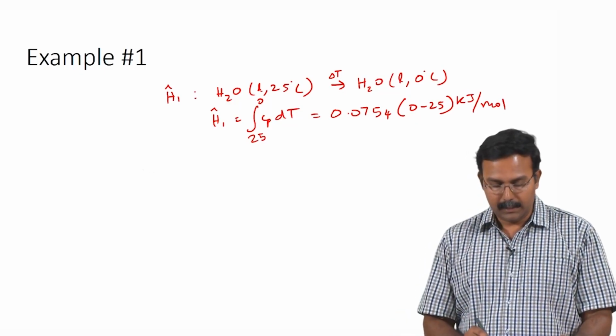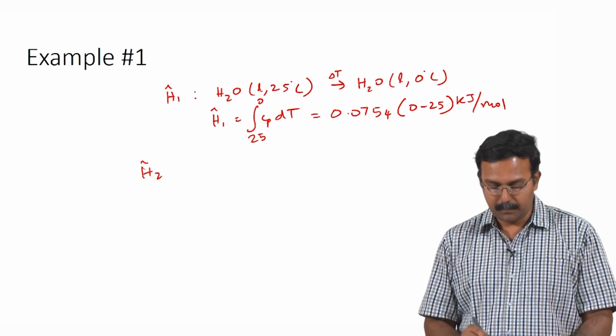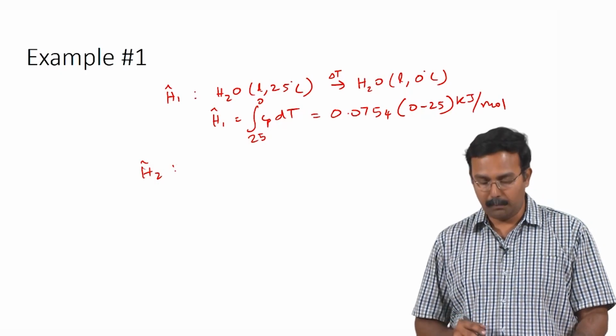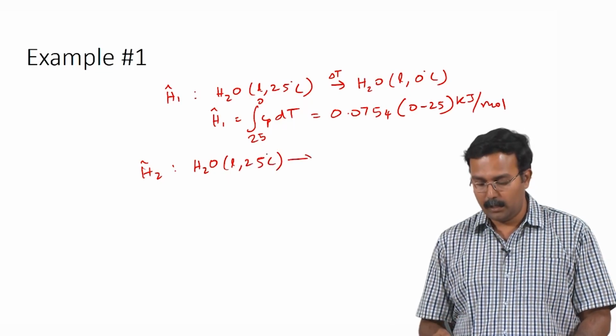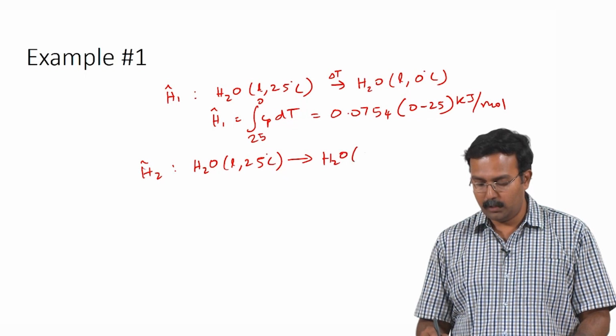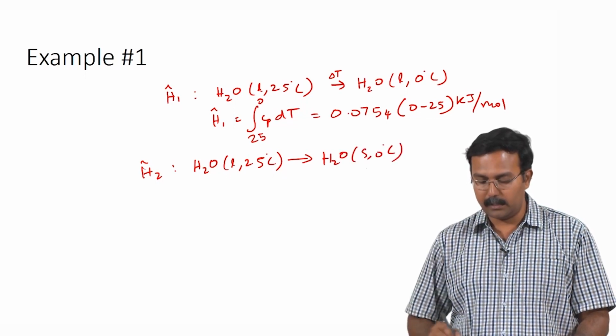Now, let us calculate H2 cap. So, what is the process for H2 cap? You have water liquid at 25 degrees Celsius, which is the reference state, going to water solid at 0 degrees Celsius.